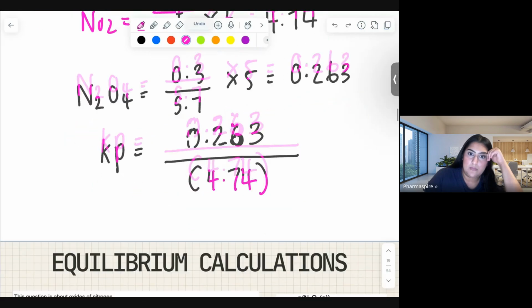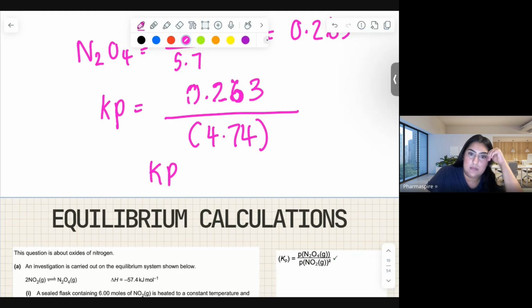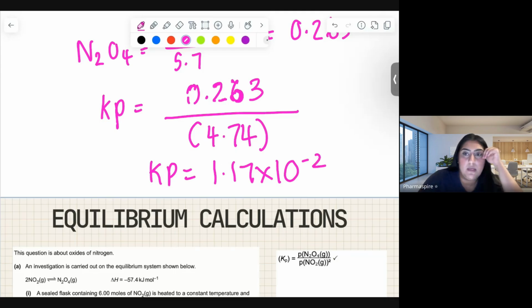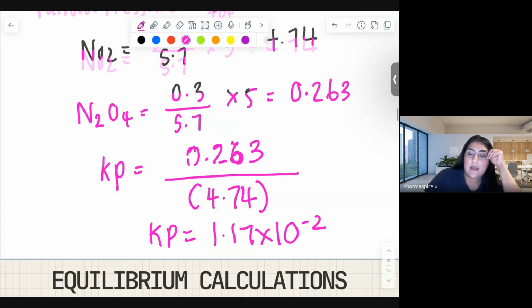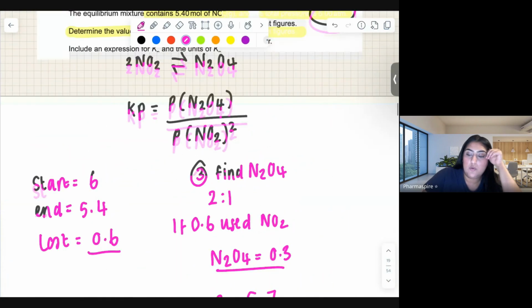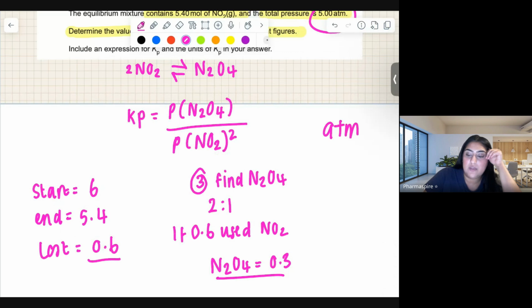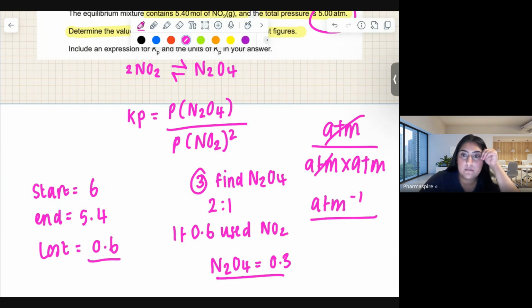Okay. And then you get your Kp is equal to 1.17 times 10 to the power minus 2. And that's your Kp. Yeah, you're right. Well done. And then for units, because you've got one at the top and two at the bottom, it cancels and you end up with atmospheres to the minus 1. Perfect. You guys are good. Well done.